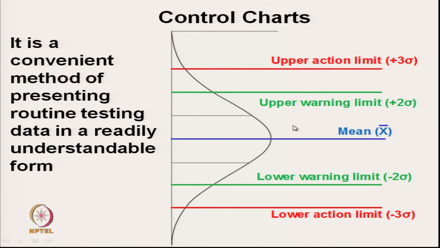So, what does the warning limit mean? Warning limit means we do not have to take immediate action. Let us take an example. This is the mean value. Suppose we are trying to produce a yarn with a 30s count. This is the count control chart, and the sigma is the expected standard deviation, which comes from our experience.